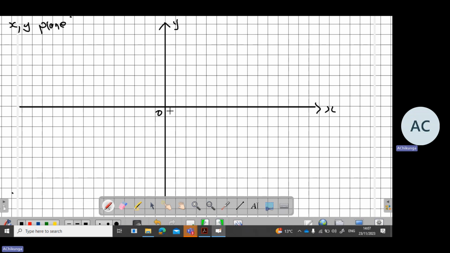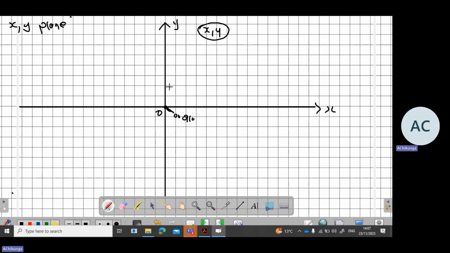So we understand that from this point here, which we call the origin, the X values that go to the right are all positive, and the Y values that go up here are positive. So we call this quadrant XY, and this part here, because we have reflected on the line, X is 0.